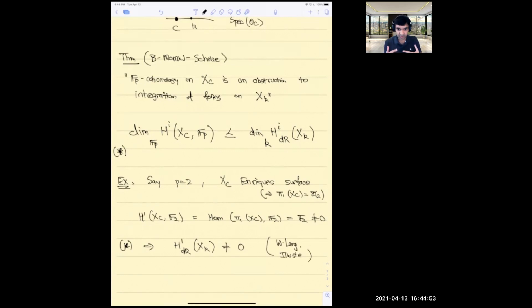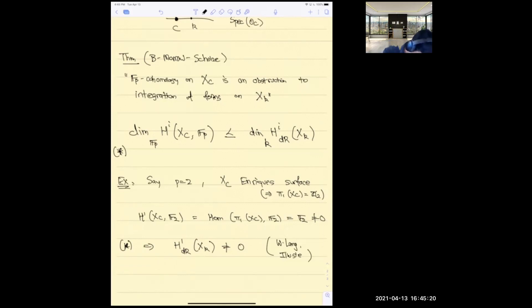But it was always regarded as a pathology of de Rham cohomology in characteristic p, that this H1 is non-zero, contrary to what happens for a complex Enriques surface. What this theorem is saying is that maybe you shouldn't think of it as a pathology. It's just a reflection of the fact that there's torsion in the cohomology of a complex Enriques surface. And this is going to be reflected in the differential geometry of Enriques surfaces in characteristic 2.